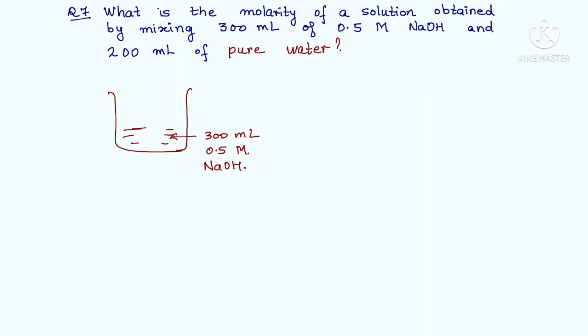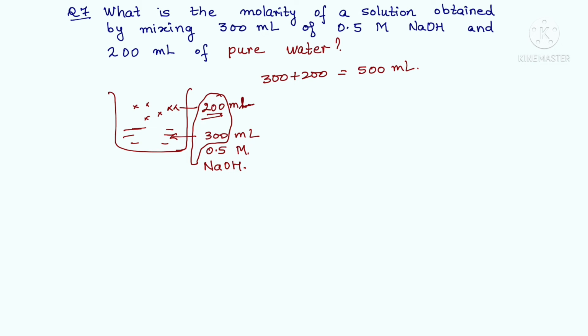Now what you do is you are adding 200 ml of pure water to this. Now when you add 200 ml of pure water, that means the total volume of the solution is going to change, and that is going to become 300 plus 200, that gives me a value of 500 milliliters.